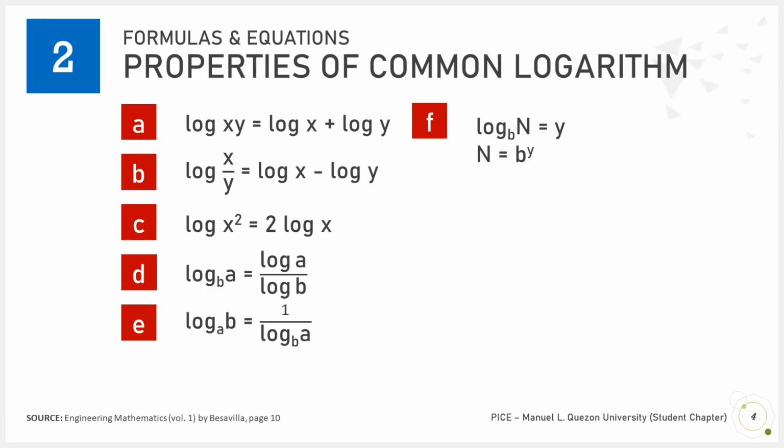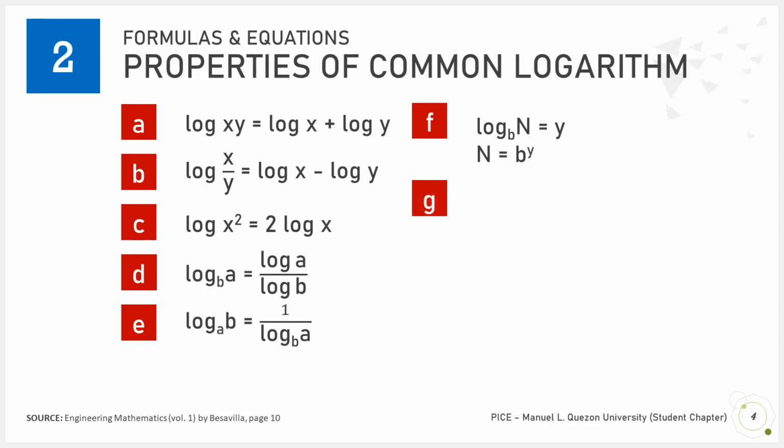Kapag gusto natin siyang i-transform to exponential, so we simply copy the argument sa common logarithm dun sa right side and yung y na nasa right side ng equation, which is the equivalent, magiging exponent siya ng ating base, which is b.